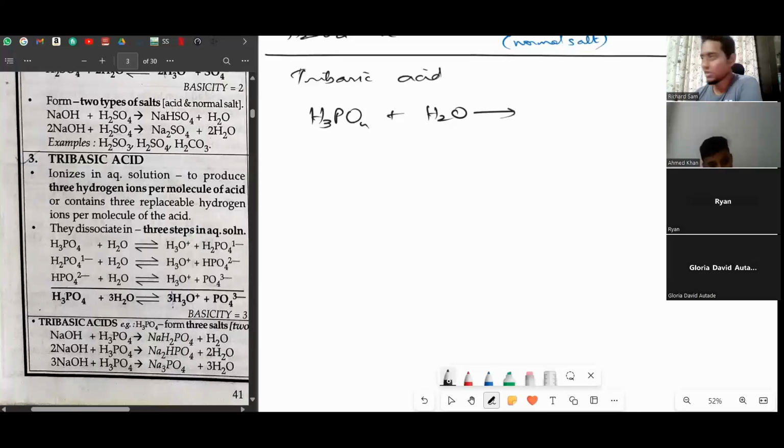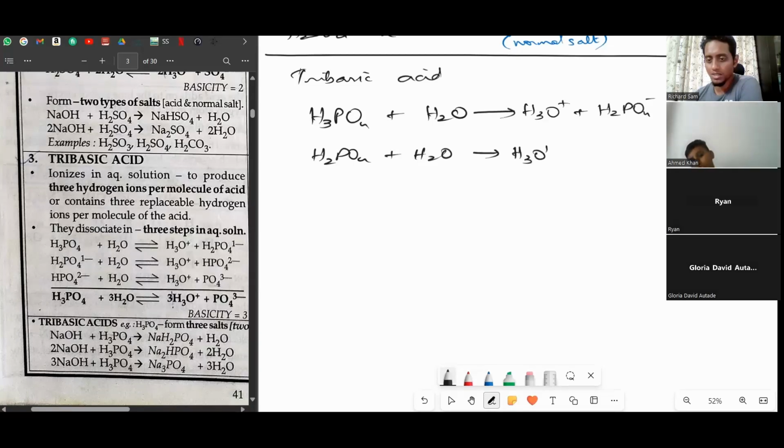One hydrogen joins with the water to form H3O plus, and H3PO4 becomes H2PO4, 1 minus. Then in the next step, that H2PO4 will join with another water molecule to form the second hydronium ion and HPO4. Its valency will be 2 minus because it's losing one hydrogen every time.